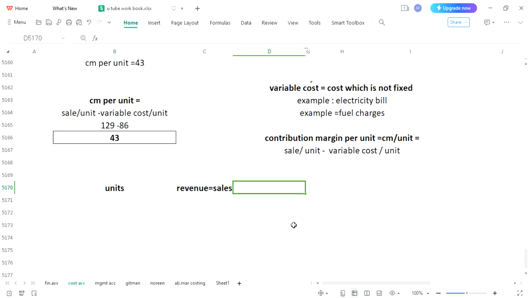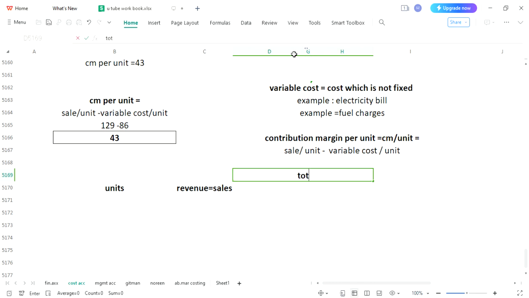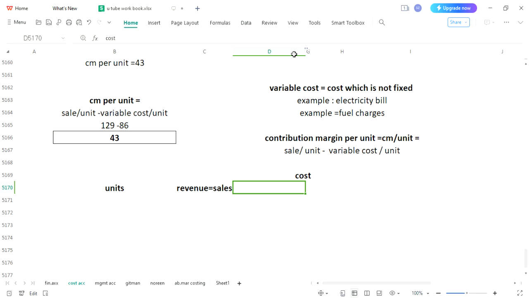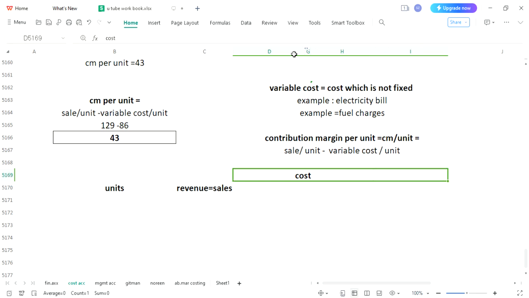Then you need to have your cost posted over here. Let's arrange it. And as you know, your total cost, the question is asking something else as well, so you may write your cost in 3 columns. Let's choose it.